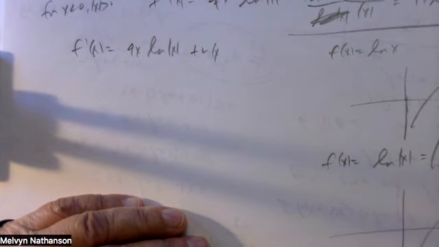And the graph of that function for x positive is the usual logarithmic function. When x is negative, it's the symmetric function. It looks like that. Here, the derivative is always positive. Here the derivative is always negative.